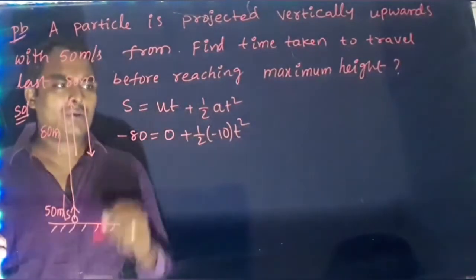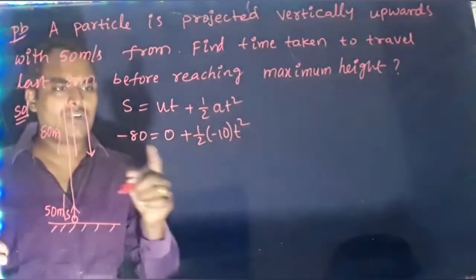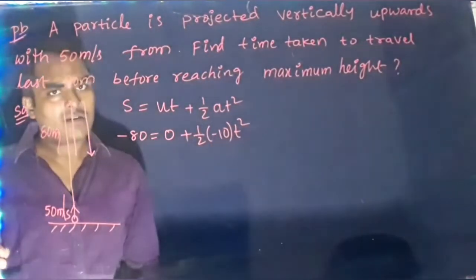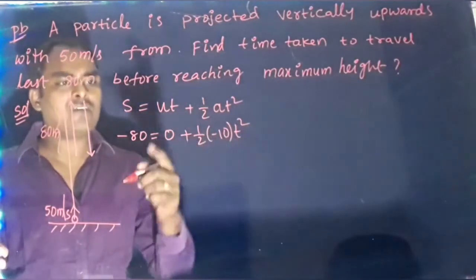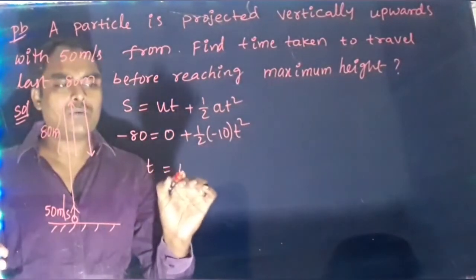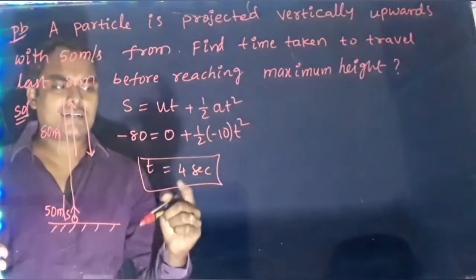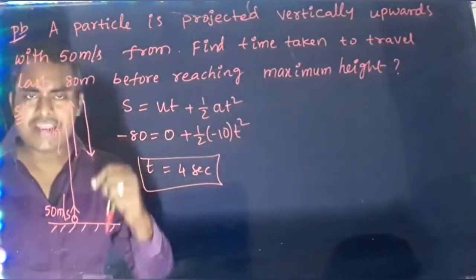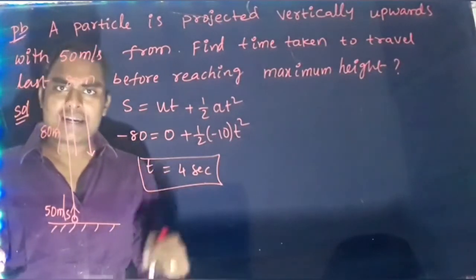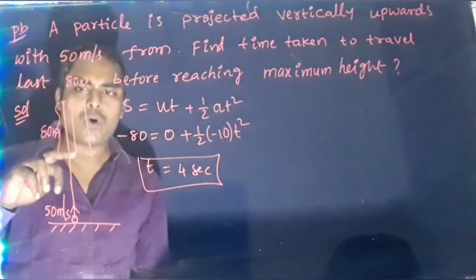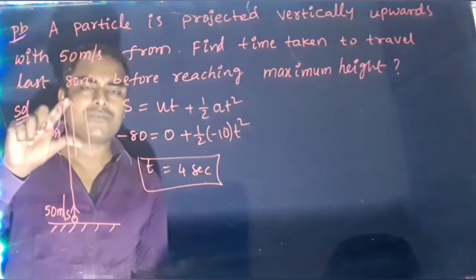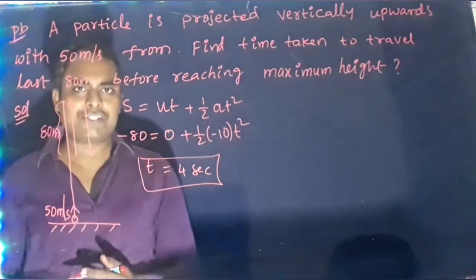So the 0 and 0 cancel, minus and minus cancel, 2 will come here, 2 into 8, 16, t square value 16, t equal to 4 seconds. So t equal to 4 seconds is the time to come down 80 meter, and it is the same as the time to go up 80 meter just before reaching maximum height.